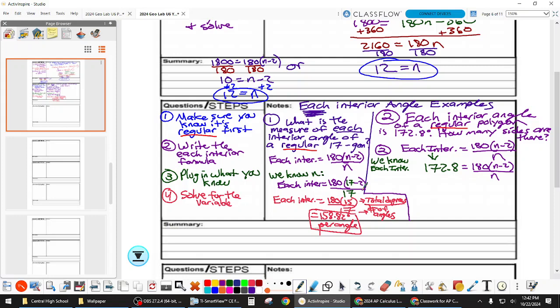Everybody following? We are done at this point with the geometry. It's just algebra. So how are your algebra skills with solving for a fraction like that? How do you get n? So two things have to happen. We have to get n together, because it's in two places, and get it by itself, so that we can say n equals the number of sides.